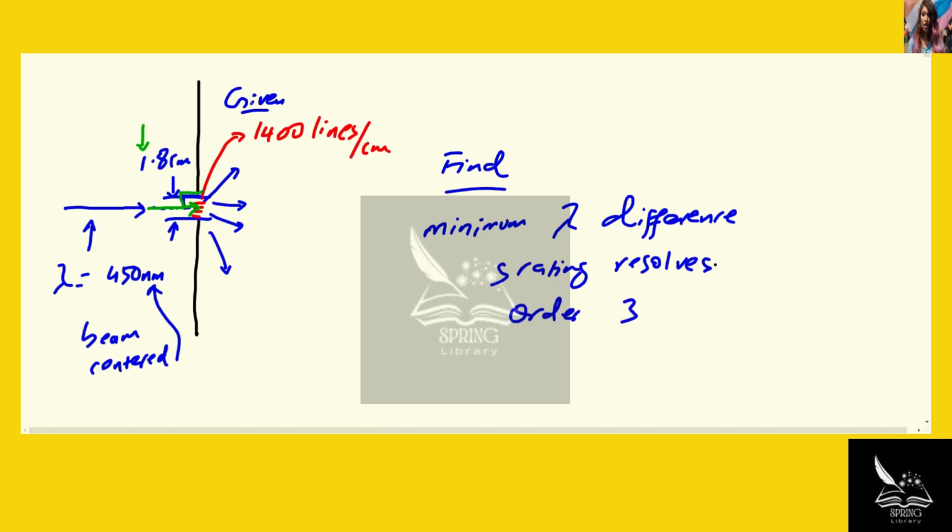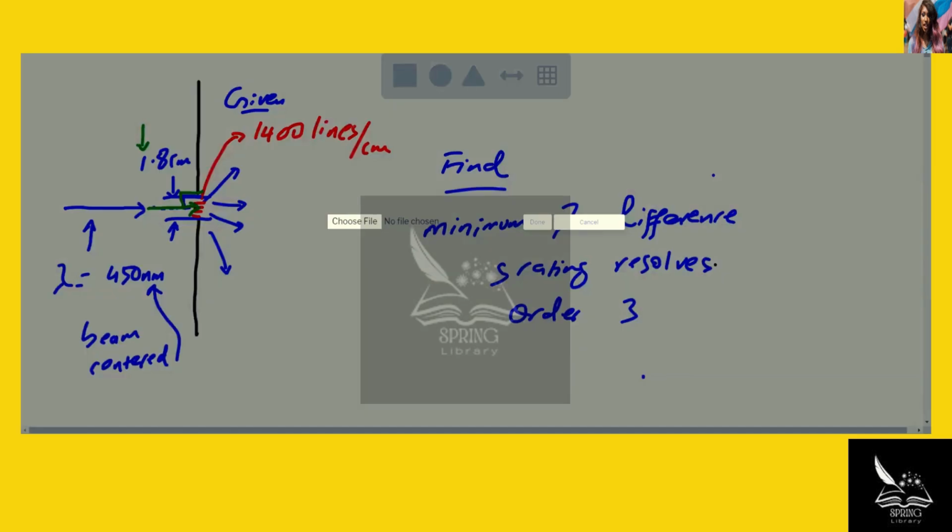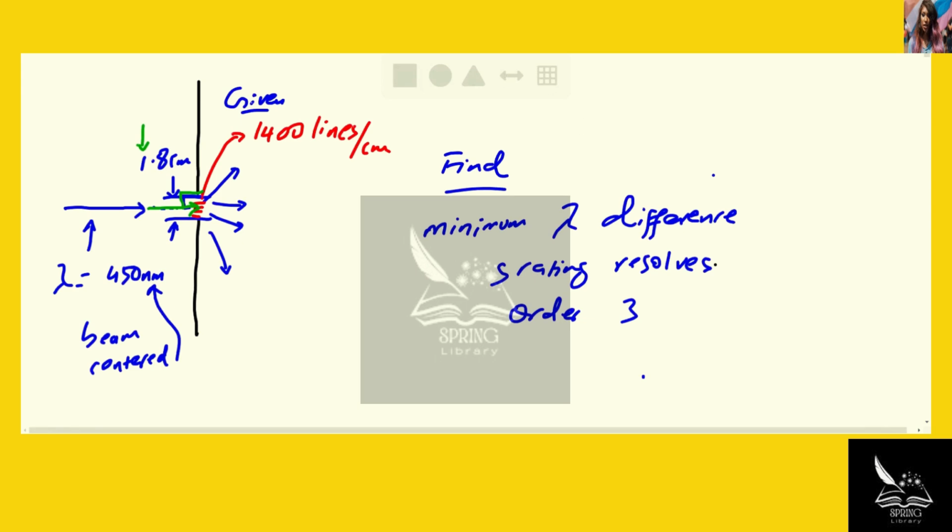That's what we want to find out in this particular problem. We want to find out the minimum that it can resolve. Once again, it's still a diffraction problem, and we want to find out what's the minimum that we can still have.